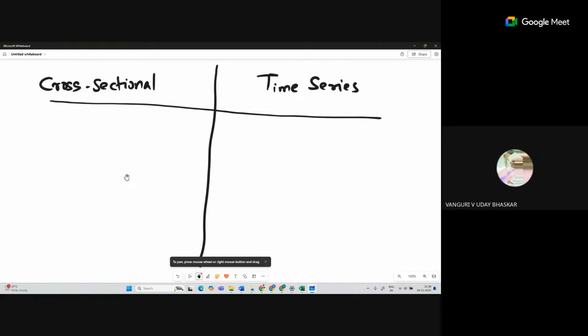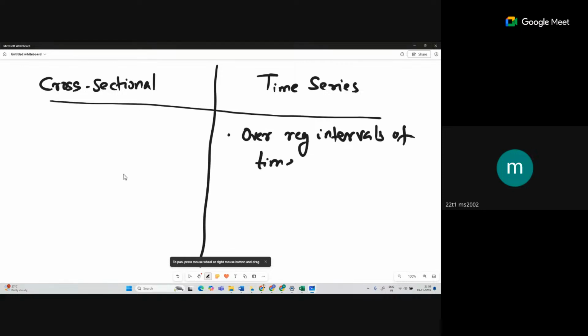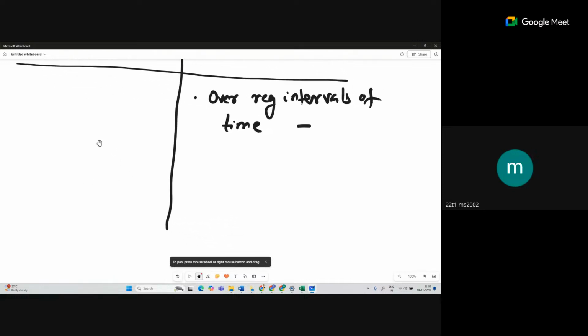Okay. So if you collect data over regular intervals of time, then it is time series data. For example, a gentleman mentioned stock market data.